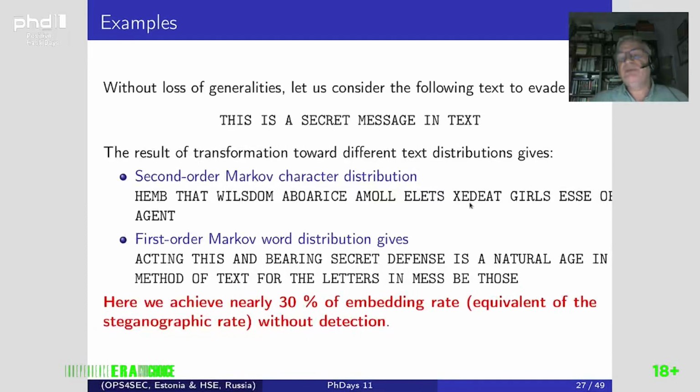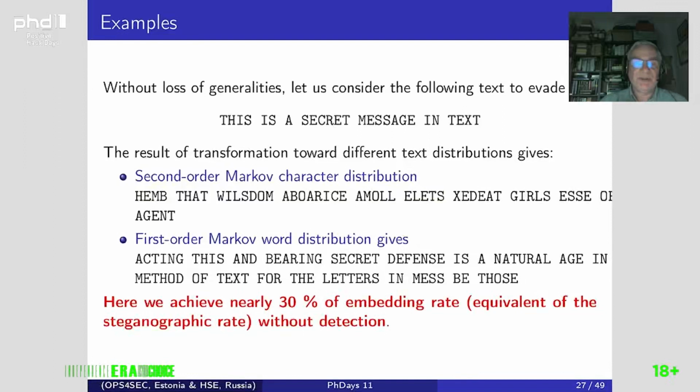If you read it, you guess that something is odd. But if you consider a first order Markov word distribution, you now obtain something far closer to English. These two very simple examples show how we can proceed.